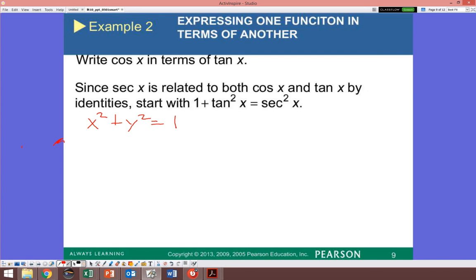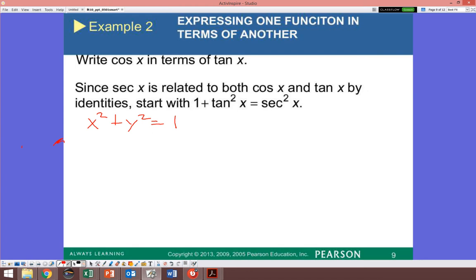since we have that, we're trying to get one of those by itself. Okay, so I have this identity right here. This is actually this moved around. So I'm going to divide everything by x squared, because we know that x represents my cosine, y represents my sine.